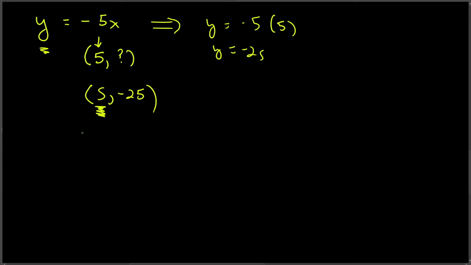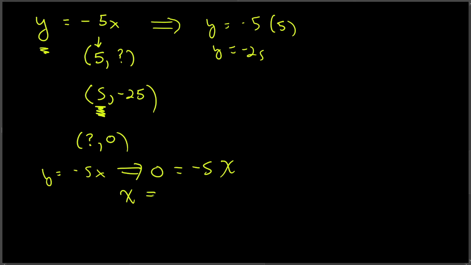I could also ask, what is the x value when y is 0? So I substitute 0 for y in this, and I ask myself, what is x? Well, in that case, x is 0, and an ordered pair solution is (0, 0).